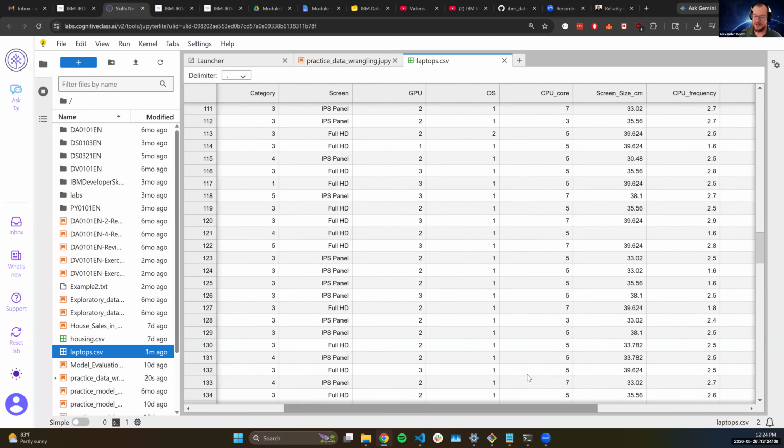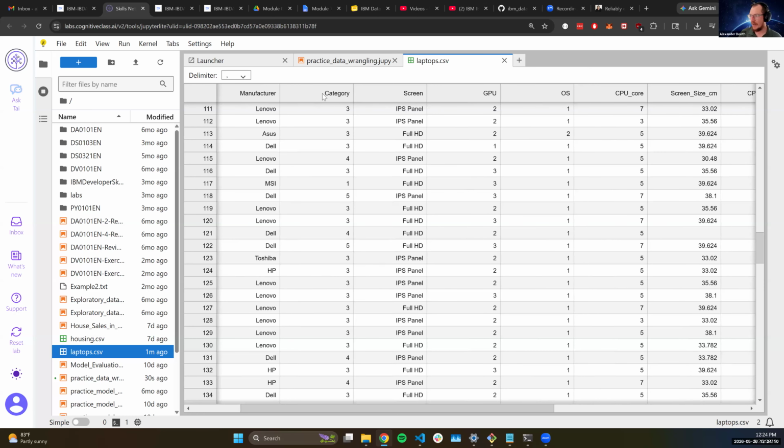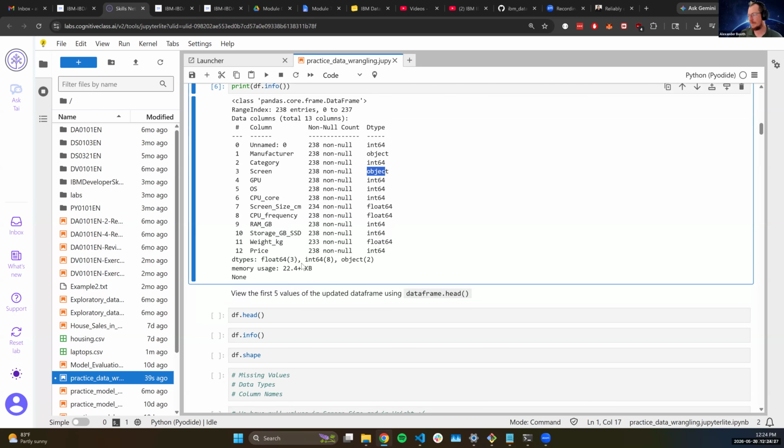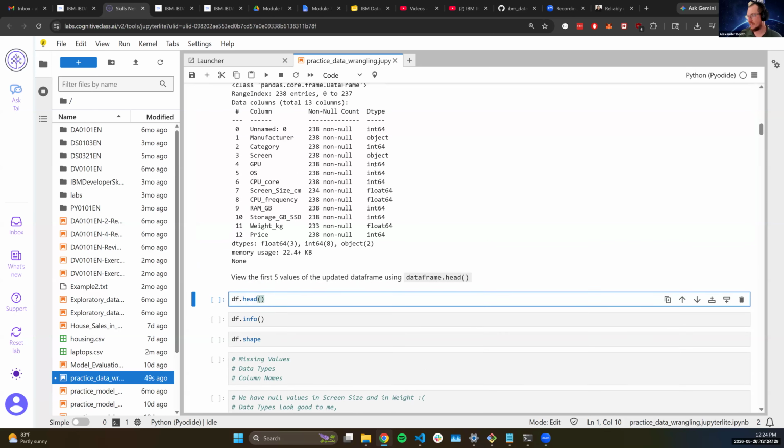They're not just open text. The manufacturer will be Lenovo, Asus, or Dell, and screen will be full HD or IPS panel. So we have some encoding that we can do to turn those into numerical features, whether it's one-hot encoding or ordinal encoding. Everything else looks pretty good though.